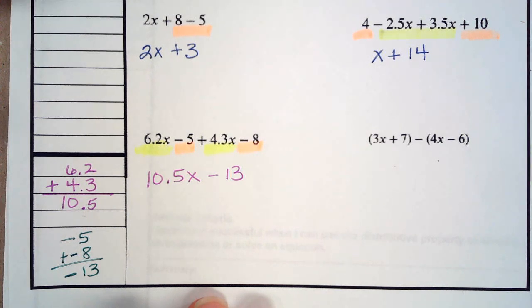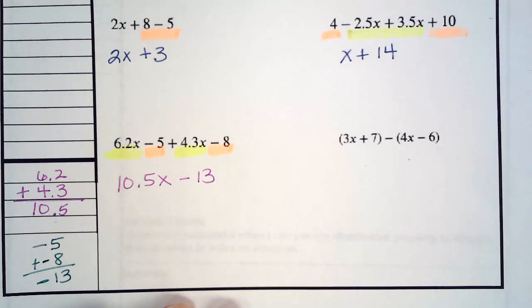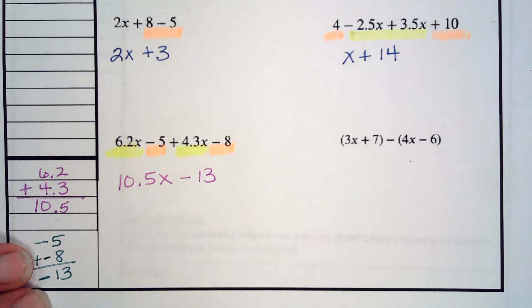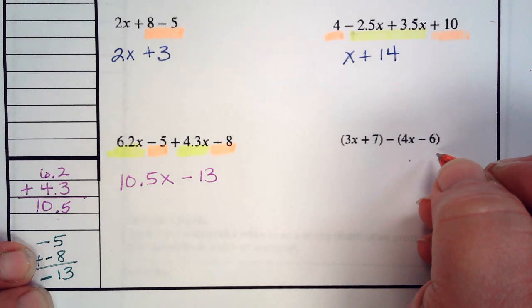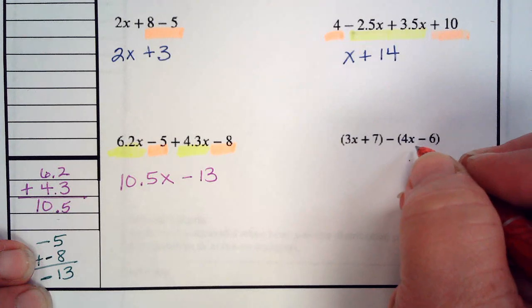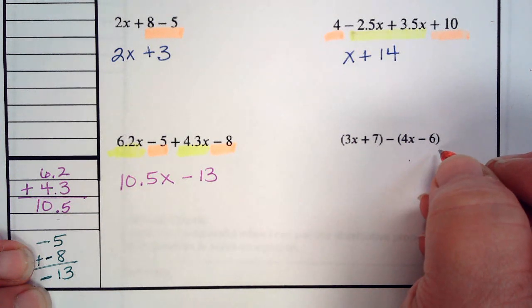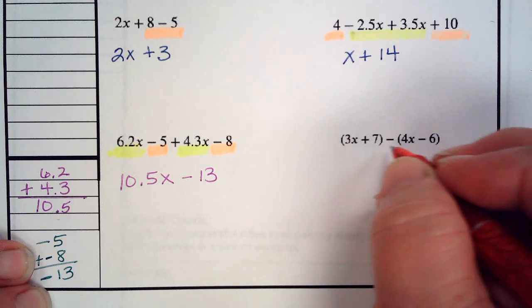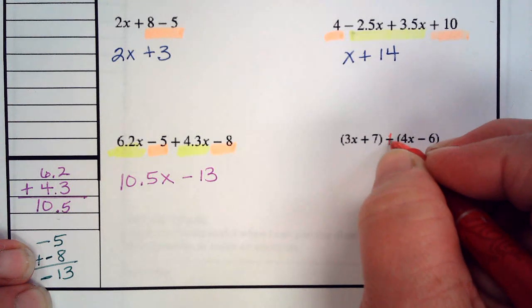Okay, the next one is actually distributive. If you're looking at it, we've got a minus sign out here, and that is the same as multiplying everything by negative 1. So to bring it out of the parentheses, we know that we can add the opposite. I want to make this a plus.